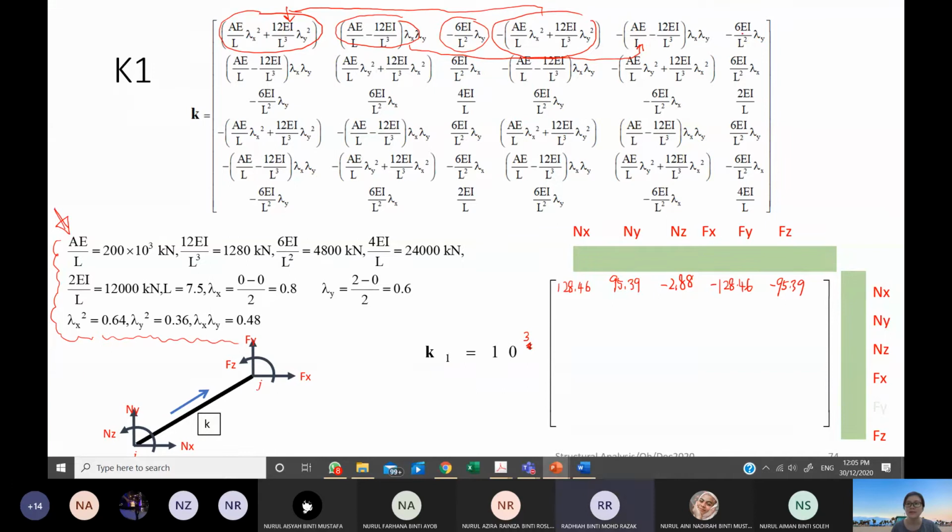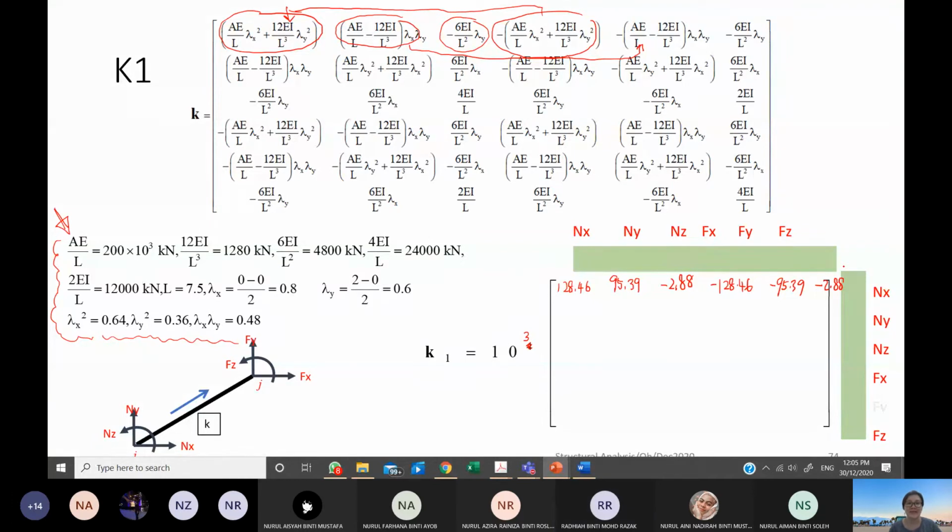And this will be exactly the same as K13, so it will be negative 2.88. So we solved row number 1. That is why you need to know the steps. If not, this will take you a long time.